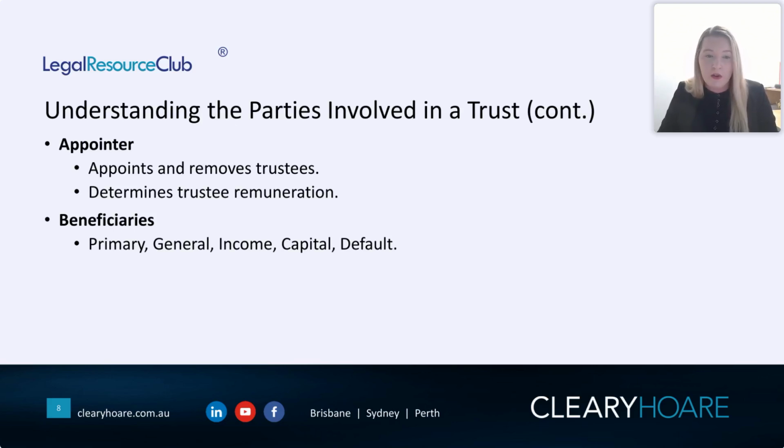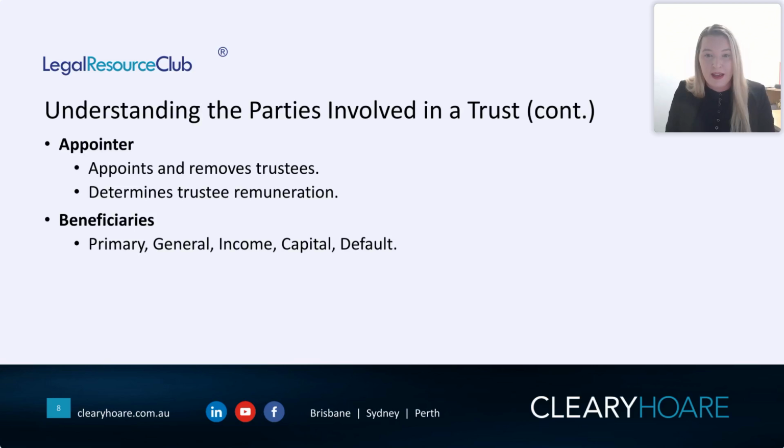we often do not include default beneficiaries in our trust deeds, and that's because we're normally looking at these trusts from an asset protection perspective. And so if we do have a situation where we get to 30 June, no resolution is made, and we were to have default beneficiaries that would automatically become entitled to that income, if there were to be a claim made against that default beneficiary, then that entitlement to the income would be a personal asset of theirs, and that is something that could be exposed if they were to go bankrupt, for example.